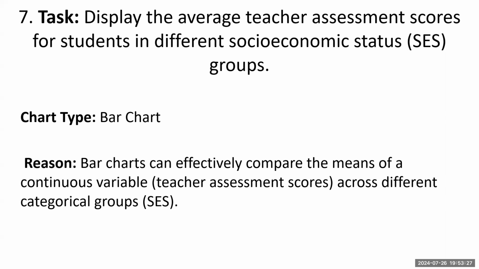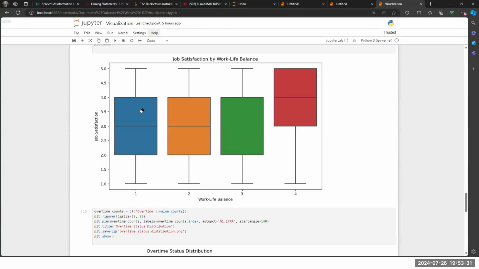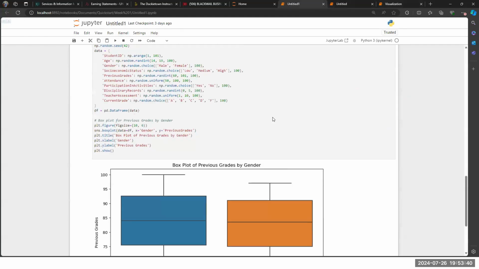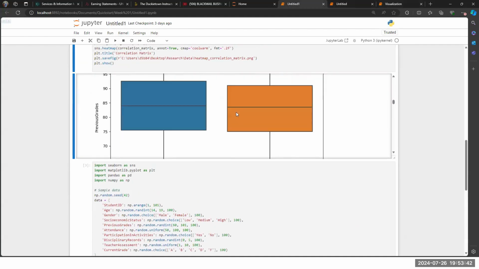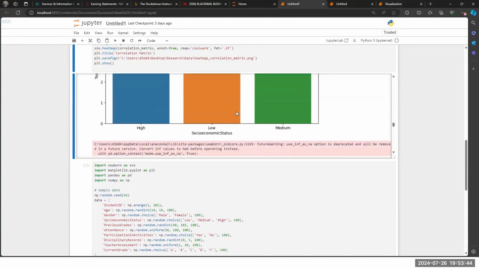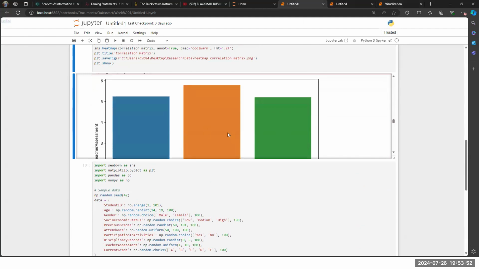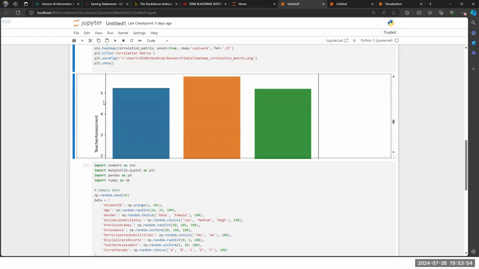I can actually show you for this one here. So we have the different socioeconomic status, high, low, medium, and then we have the teacher assessment here.